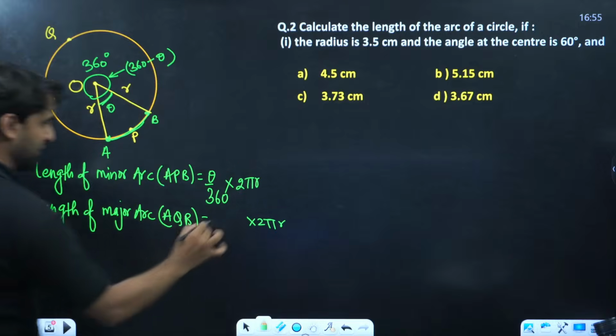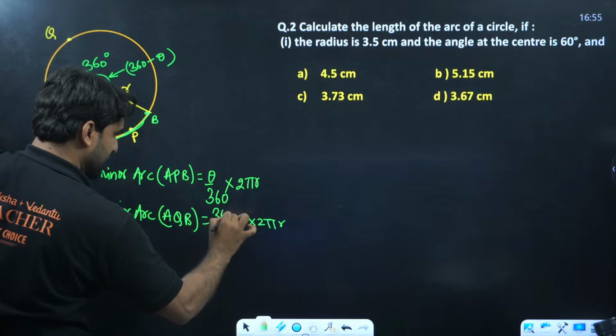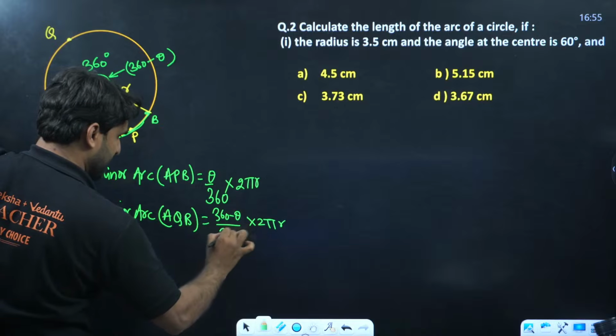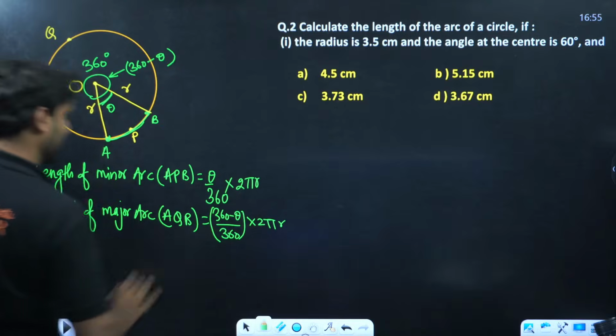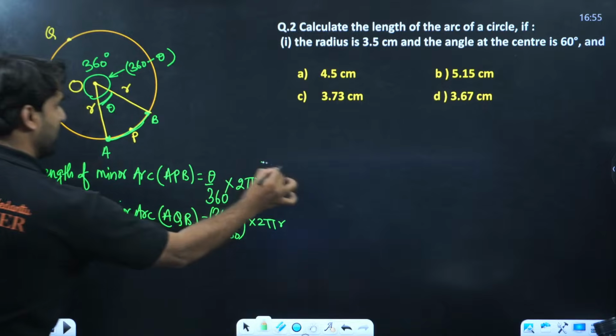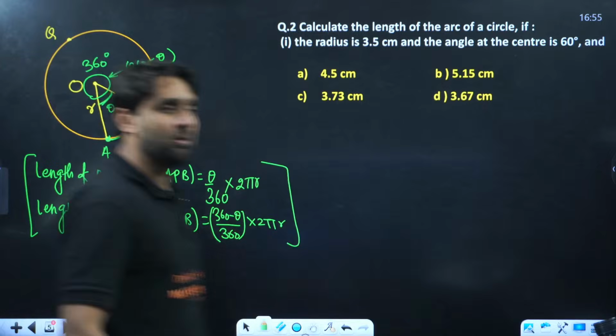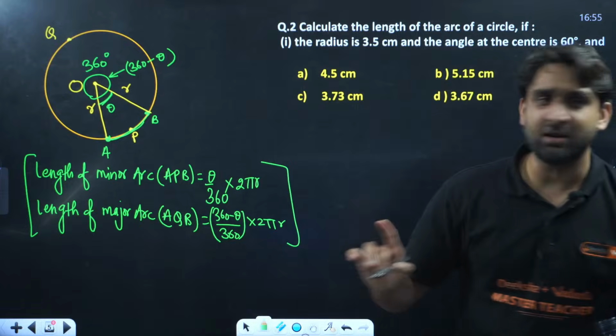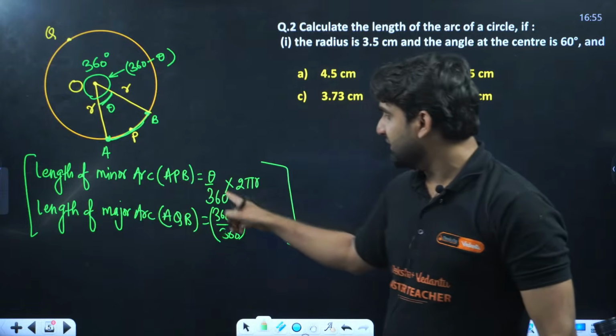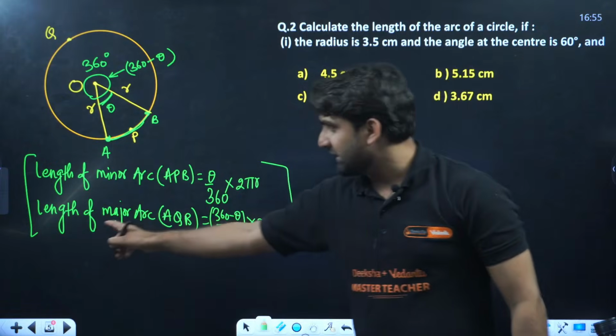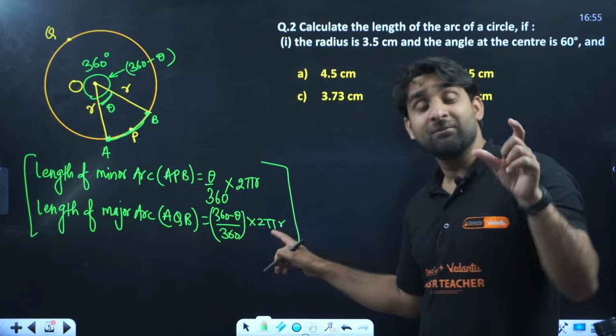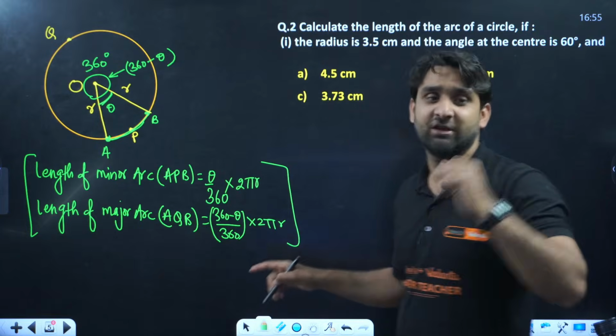So the formula will look like 360 minus theta divided by 360 into 2 pi r. So we have two formulas: the length of the minor arc is theta by 360 into 2 pi r, and the length of the major arc is 360 minus theta by 360 into 2 pi r.